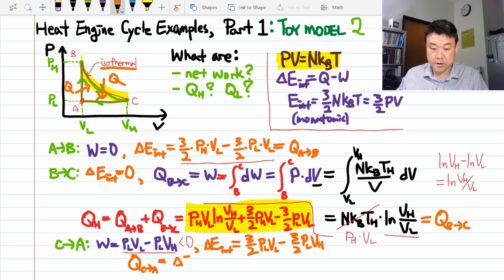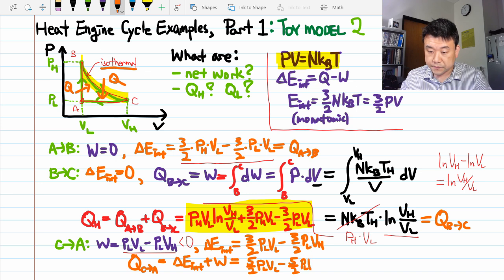Change in internal energy plus the work done is equal to 5/2 PLVL minus 5/2 PLVH. Staring at this for a bit, you can see that this is negative.